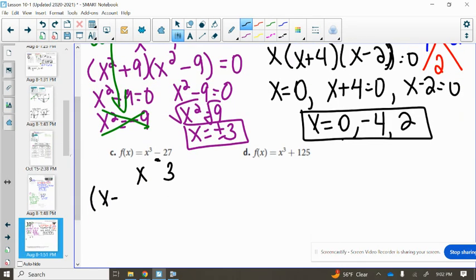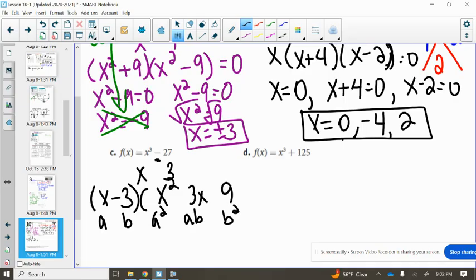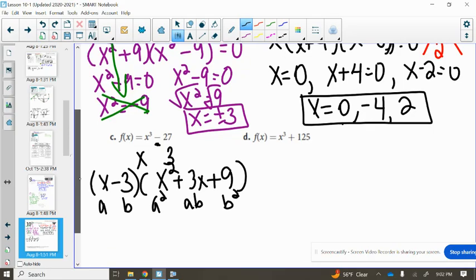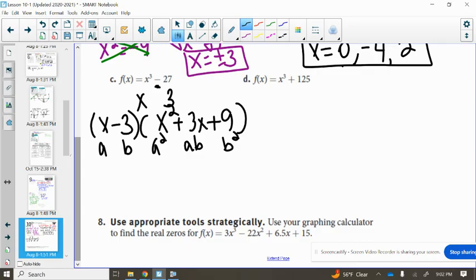So x minus 3, same as the original. And then it goes a squared, a times b, b squared. So in this case, x squared, x times 3, or 3x, b squared, which is 9. And then same sign as the original, opposite sign of the original, always positive will be our factor there.